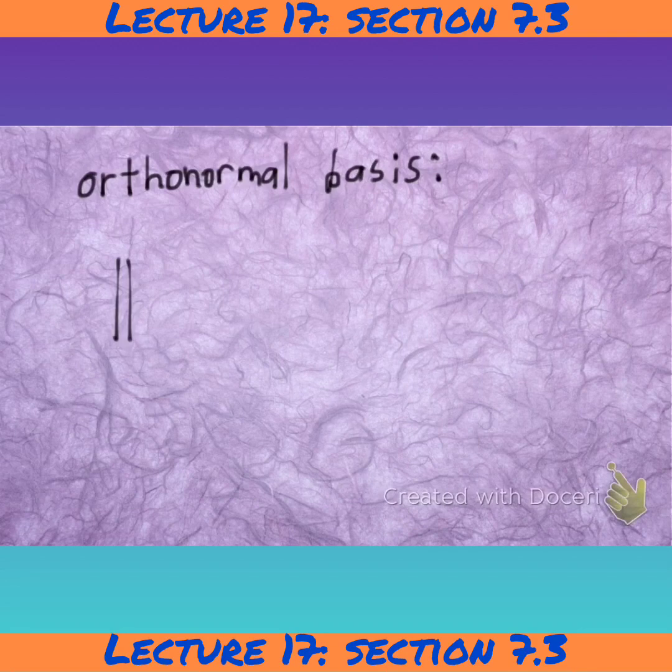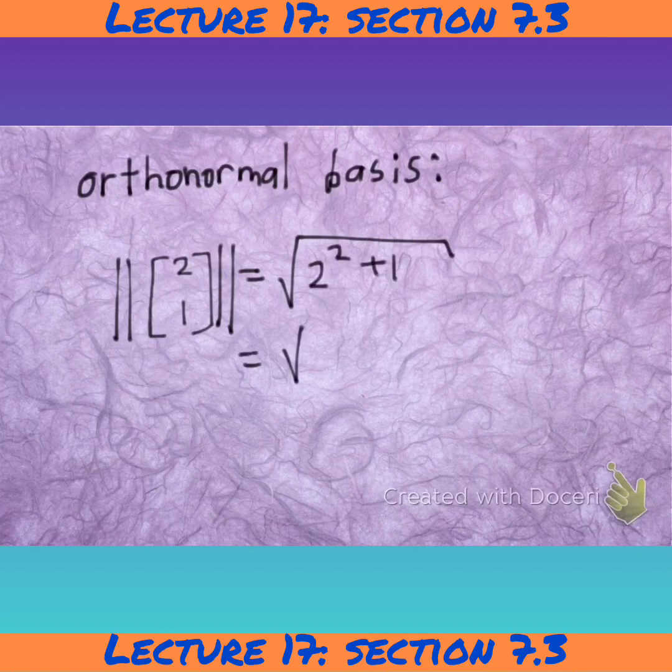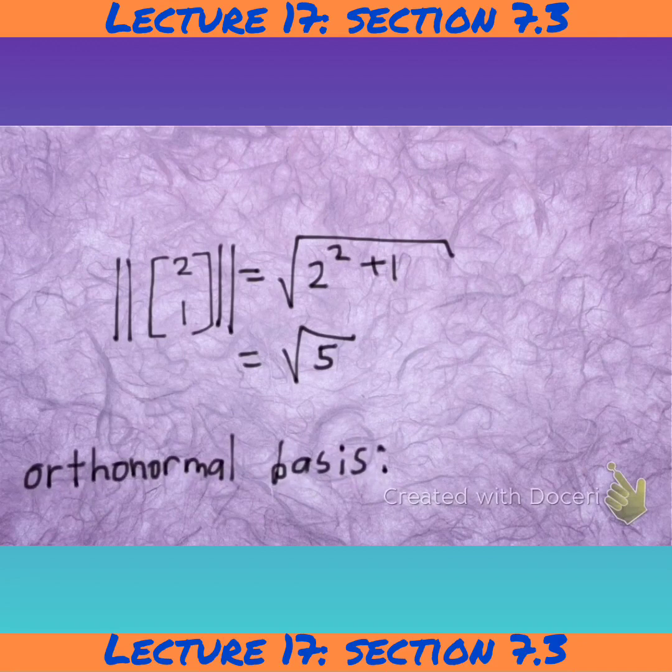If you look at the norm of this vector here, it's going to be the square root of, right, so the orthonormal basis is going to be the normalized vector. So that's going to be 2 over square root 5 and 1 over square root 5.